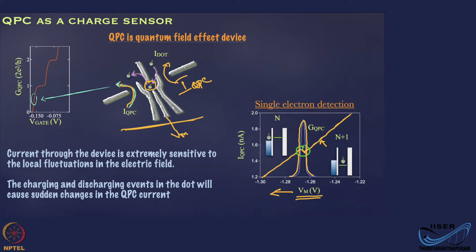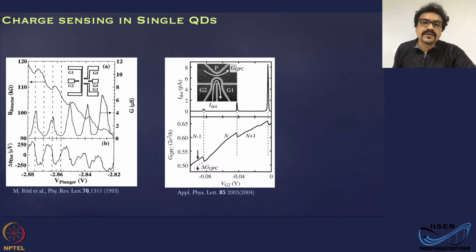Okay, so that is the technique to sense the charge, or charge movement, in gated quantum dots. These are a couple of representative experiments where the quantum point contact has been used to sense the charge in a single quantum dot, charging and discharging events in single quantum dots.